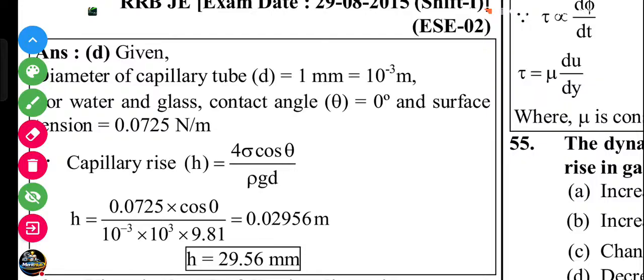You remember this data: surface tension equals 0.0725 Newton per meter, because without this data you cannot calculate the capillary rise or fall if the surface tension of the water is not given. Okay, if you calculate this, you get 29.56 mm.